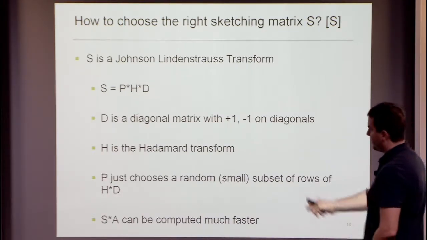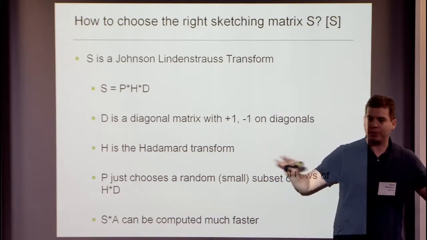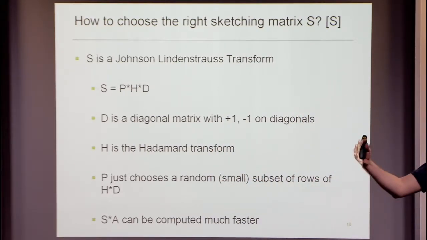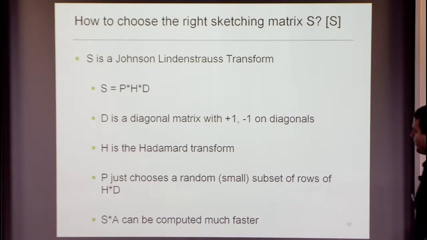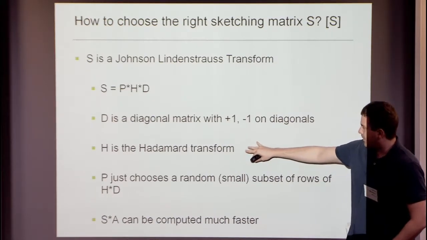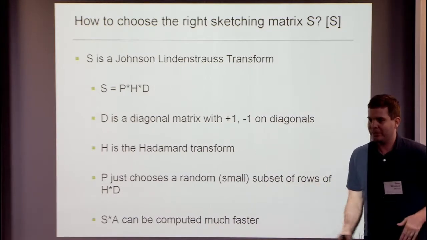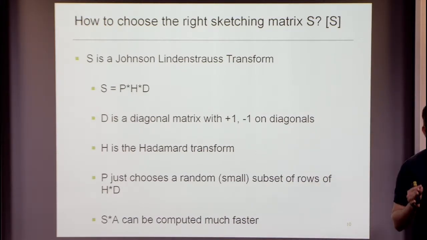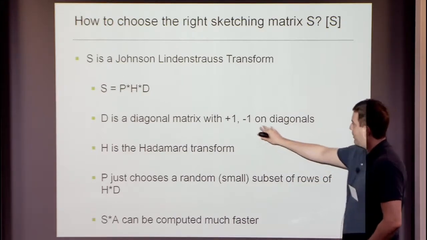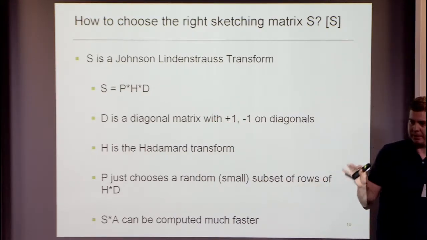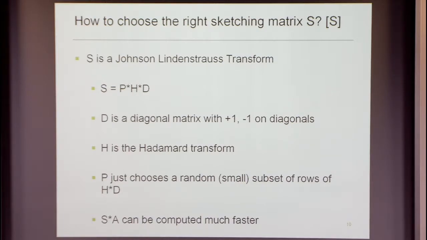So the goal of H is to spread out the mass across all of the coordinates. This is like the uncertainty principle: I can't be sparse in both the time and frequency domain. Of course, H is deterministic, so I could apply this to H inverse times a sparse vector, and then it wouldn't work. So there's some additional randomness with this matrix D that makes it work. It's just some high-level intuition.